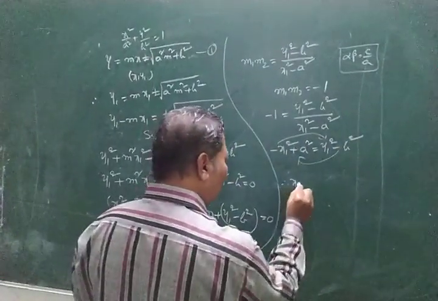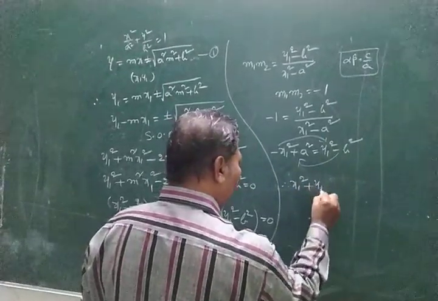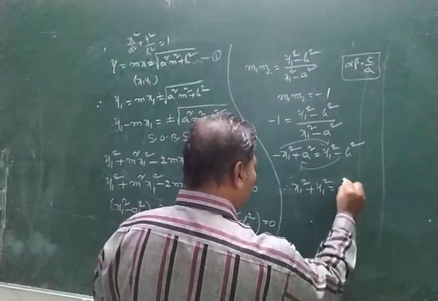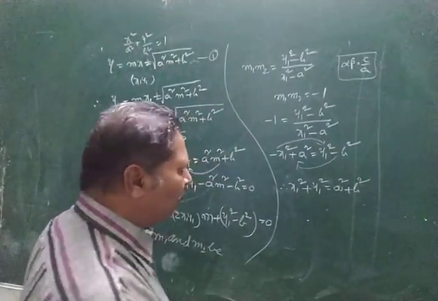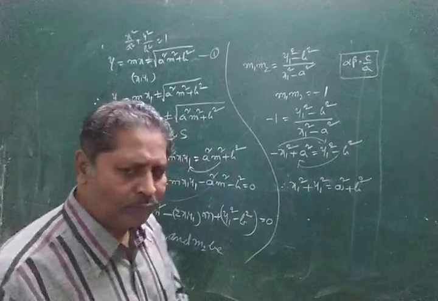Therefore, x1 square plus y1 square equal to a square plus b square.